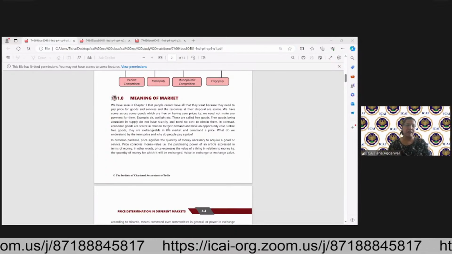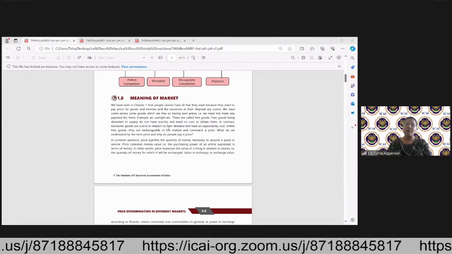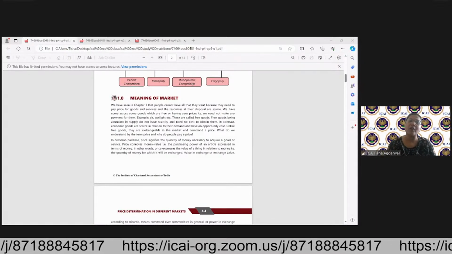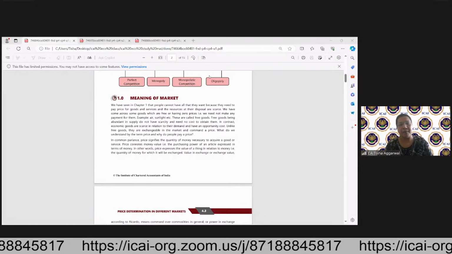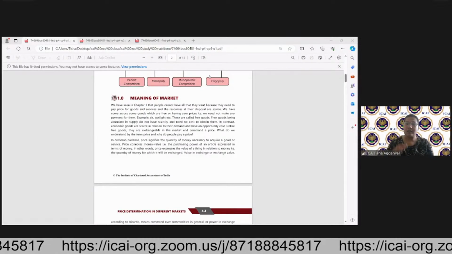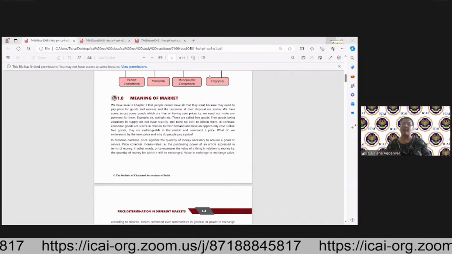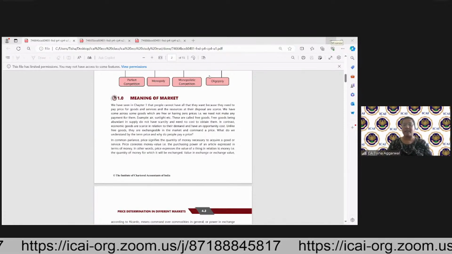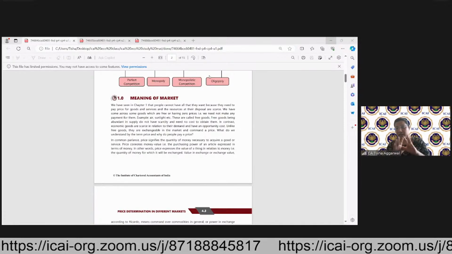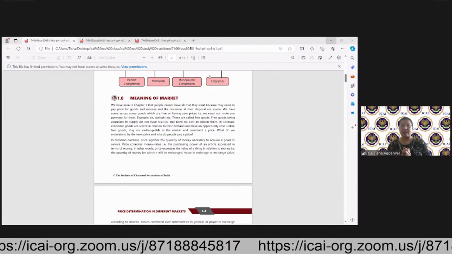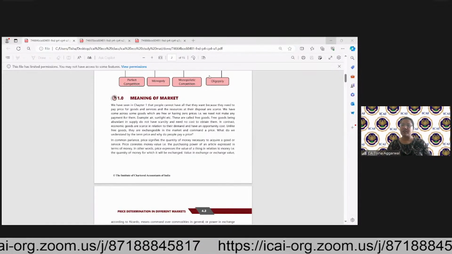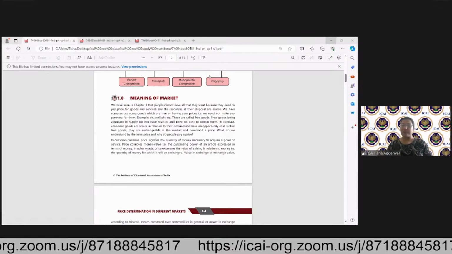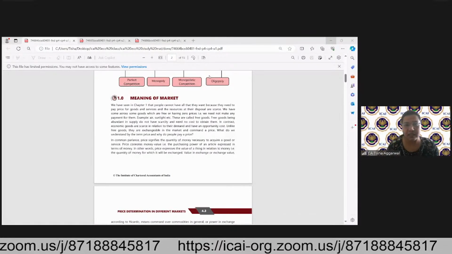In today's time, the majority of shopping you do is through Amazon, Flipkart, etc. This is a place wherein goods and services are sold and purchased, and the price is offered for that. This is what is known as the market.